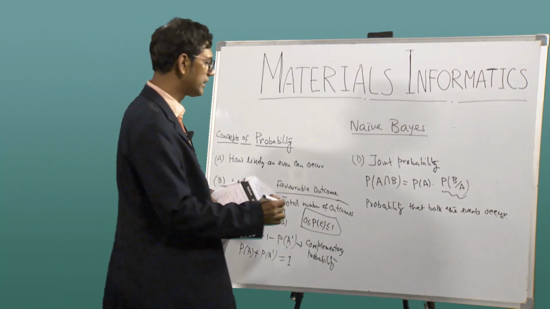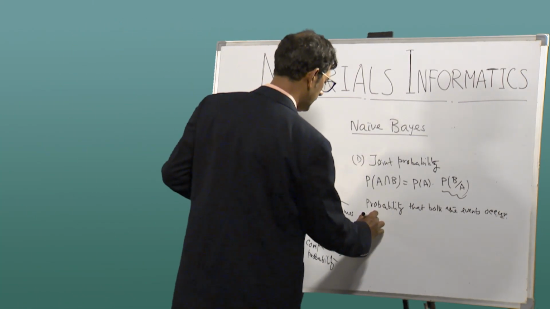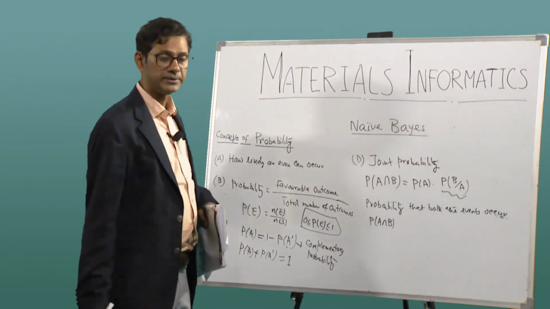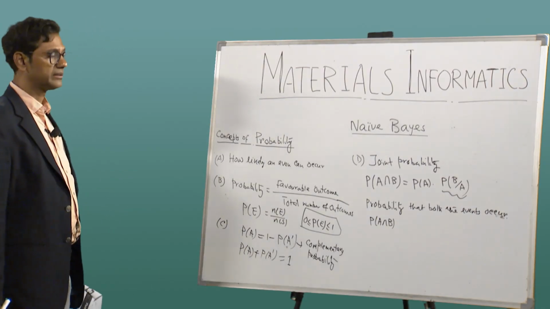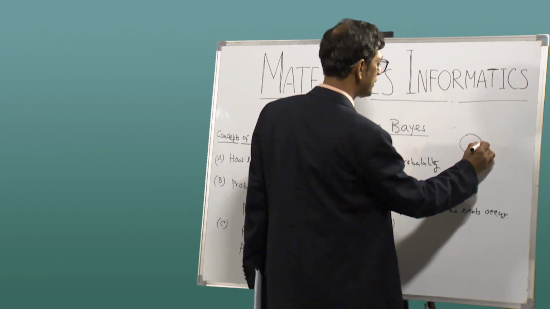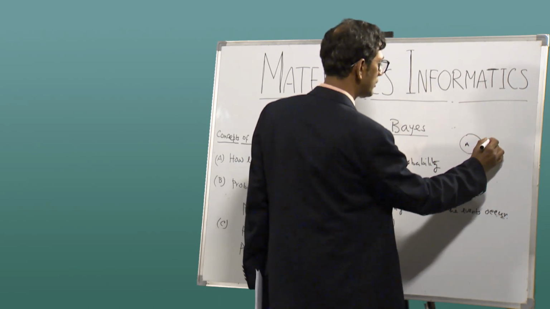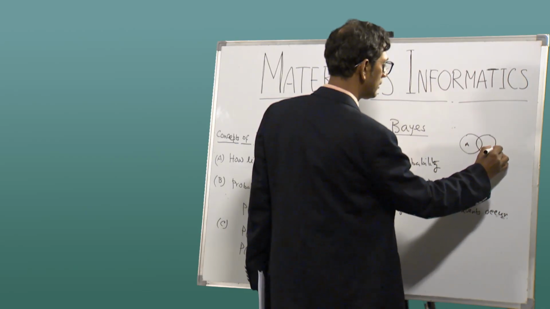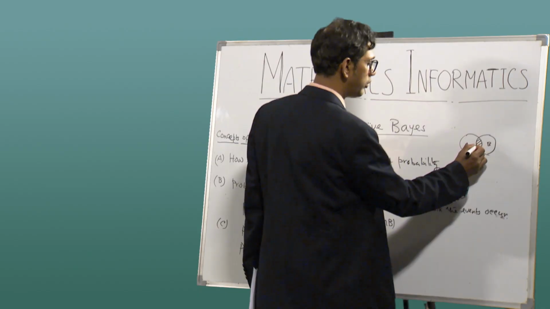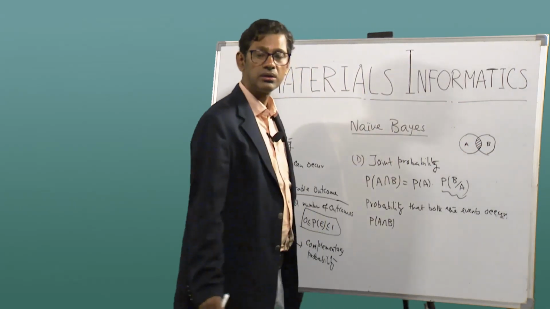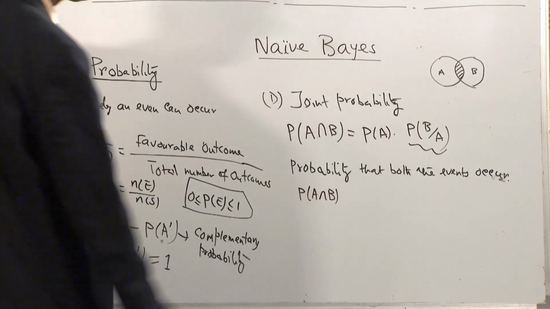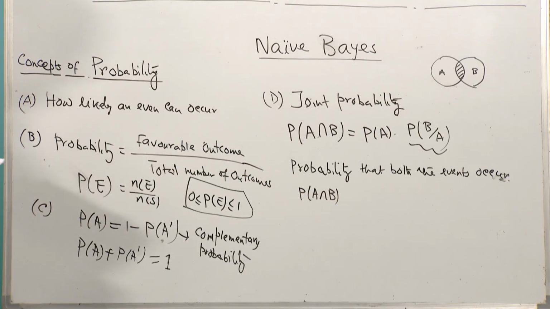and this is always written like this, P of A intersect B, right. Do you understand that? What is A intersect B? Let us say this is the set of A and this is the set of B. Now, this region which is common to both is what is called the intersection region between the A and B sets, that is what is P of A intersection B. Okay.